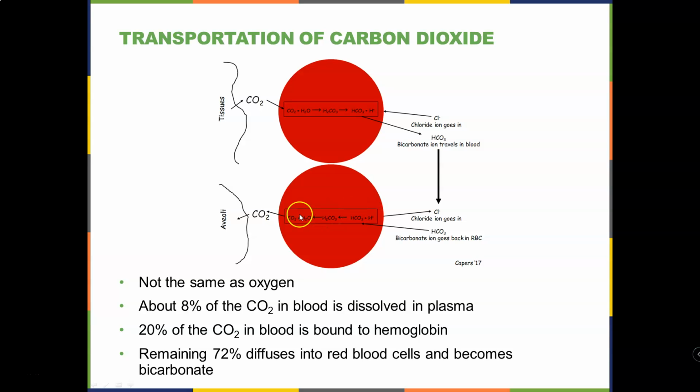The reaction runs in the other direction. So bicarbonate is combined with a hydrogen ion back into carbonic acid, and broken down into water and CO2. And there's an enzyme right here that catalyzes the reaction called carbonic anhydrase. It catalyzes this reaction in either direction.